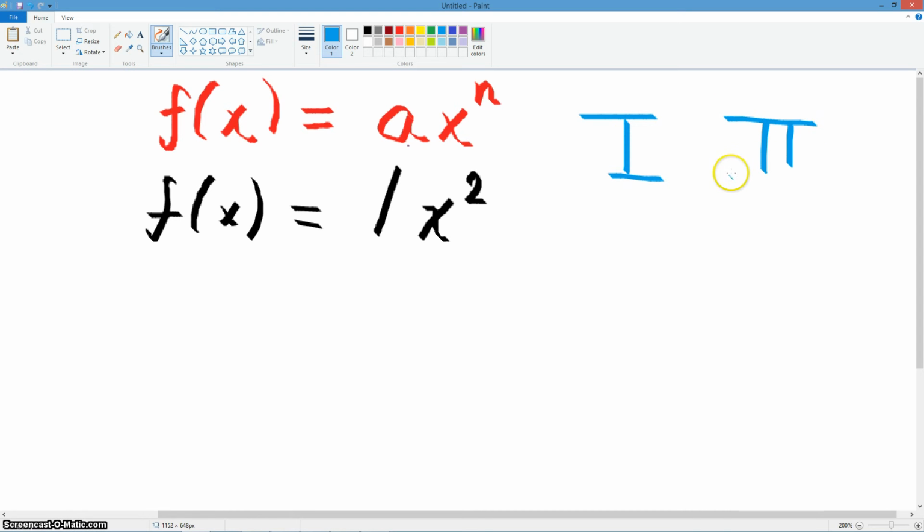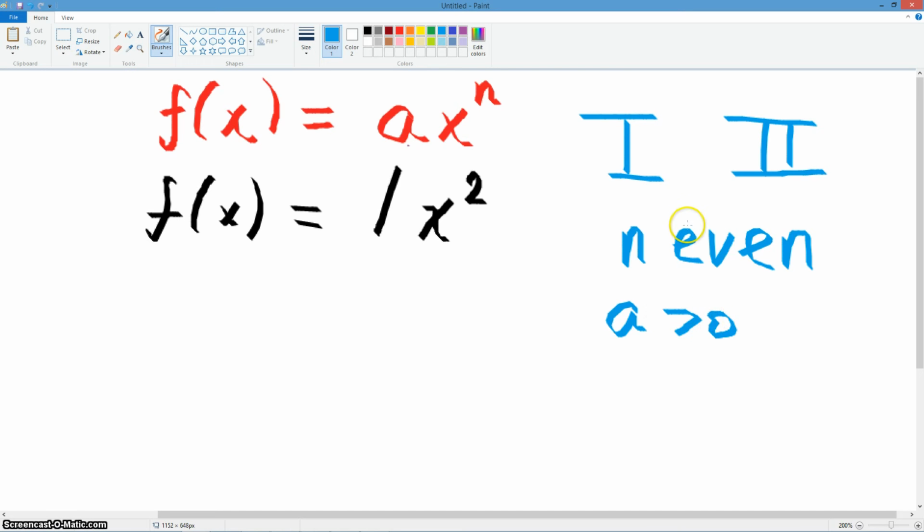Alright, and let's go ahead and classify our n, our exponent. Our exponent is even. And let's classify our a, which is the coefficient, in that it is positive. So a is greater than 0. So what can we say about even powered functions that have a coefficient that is positive?